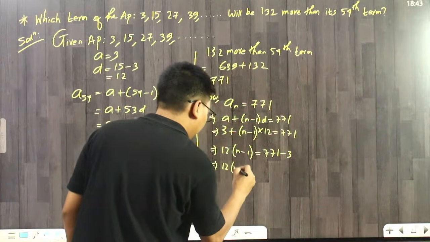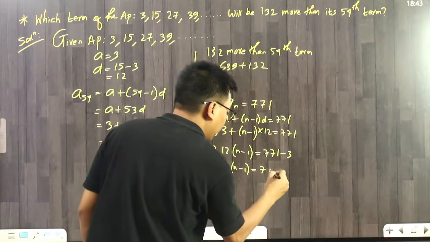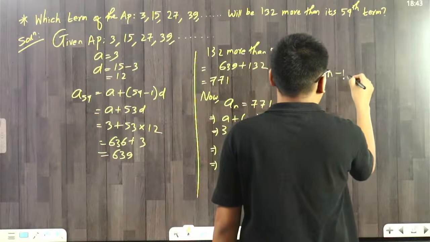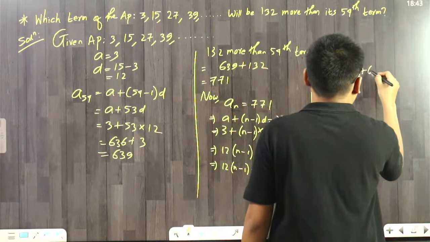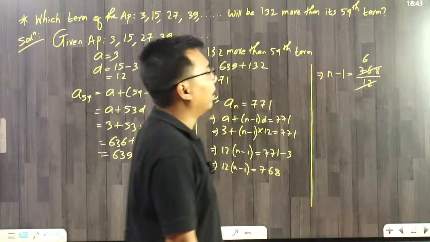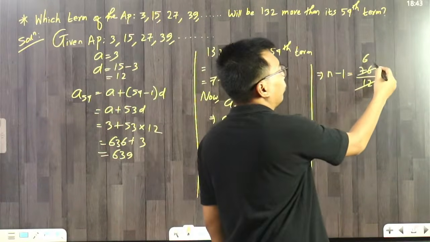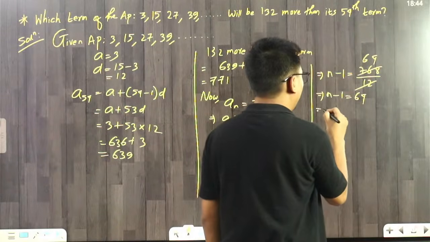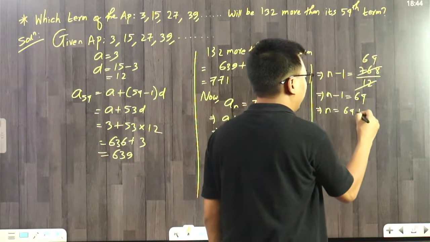So 12 into n minus 1 equal to 768, which implies n minus 1 equal to 768 divided by 12. Now 12 sixes are 72, so we'll get 4, 8, 12 fours are 48. So n minus 1 equal to 64. n will be equal to 64 plus 1.